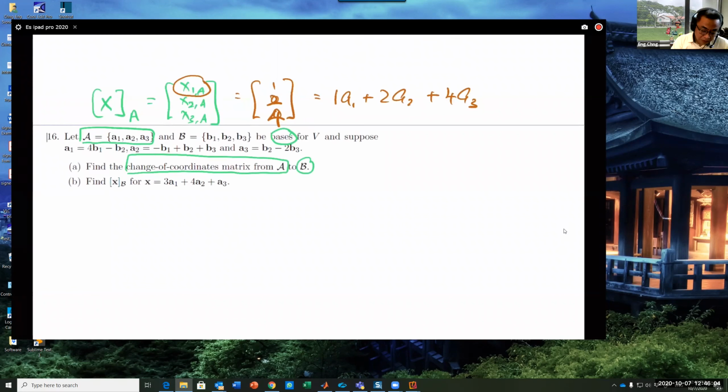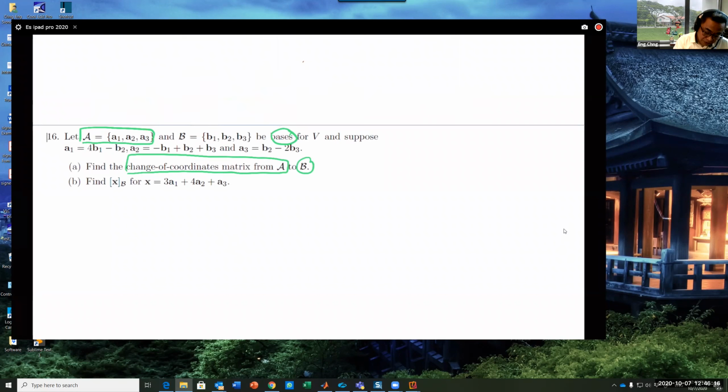Okay, so the coordinate system means that now I look at the elements in my vectors and multiply by the corresponding vectors in the basis. Okay, once you figured that out, then we know how to write the change of coordinate matrix. First, you write the given information out.